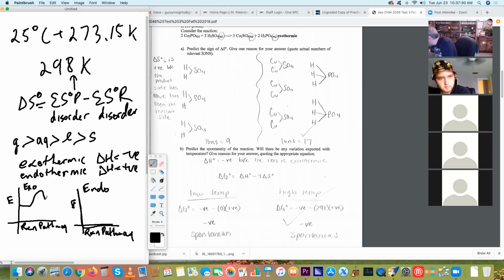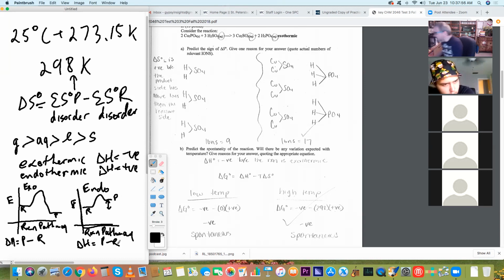Exo is always going to look like this: reactants, and that's products. Remember that it's always products minus reactants for delta H. And for endo, it looks like this. Delta H is still P minus R.